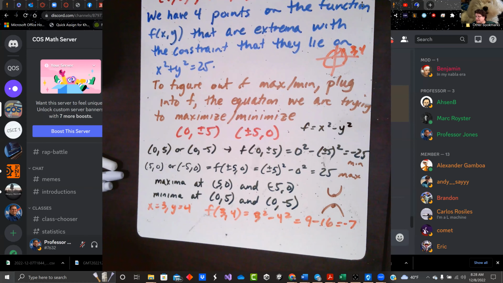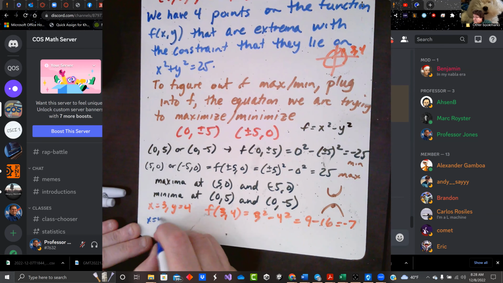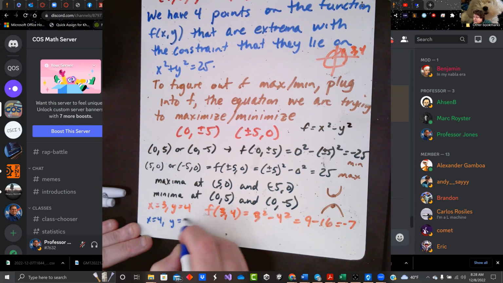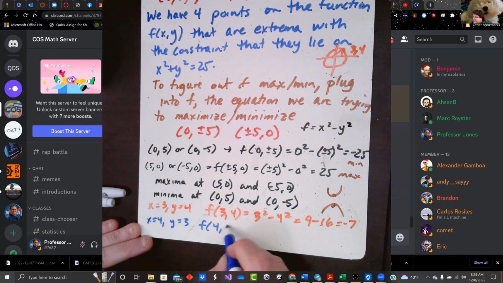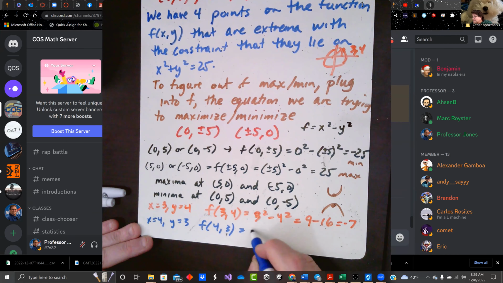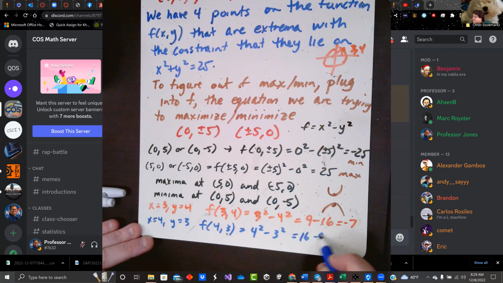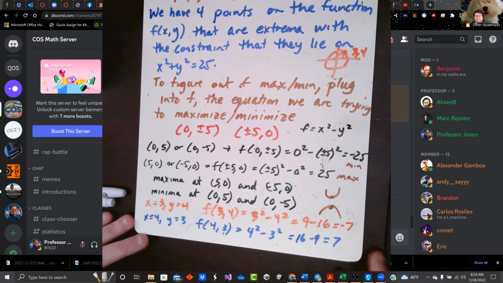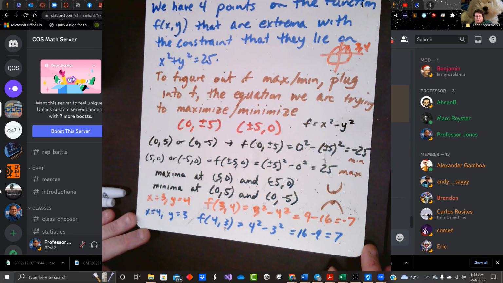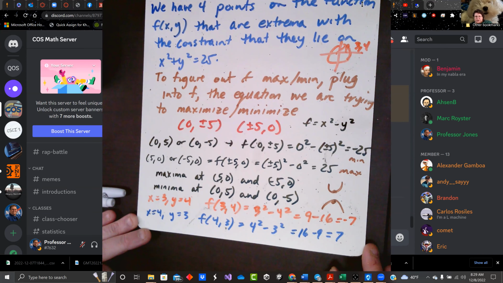Because 3, 4 is on that circle, so is 4, 3. And this only changes slightly. Well, the value changes a lot, but I'm picking ones where I know that I can just do integers.